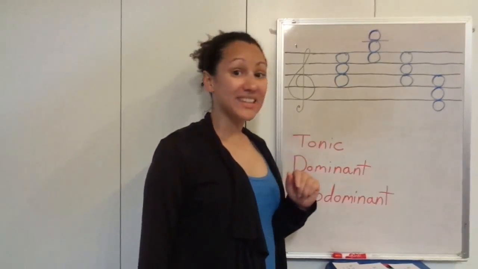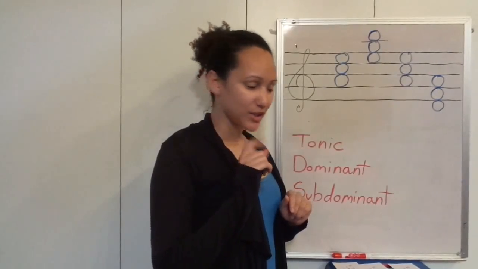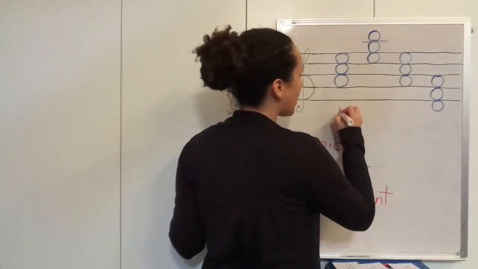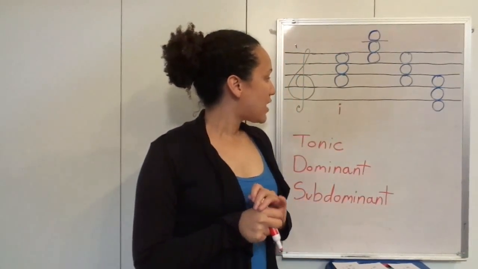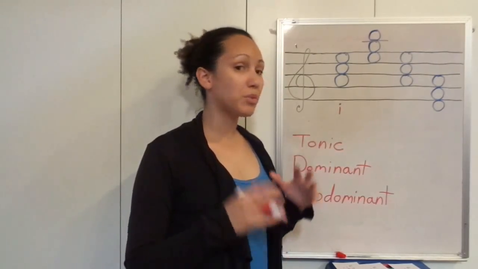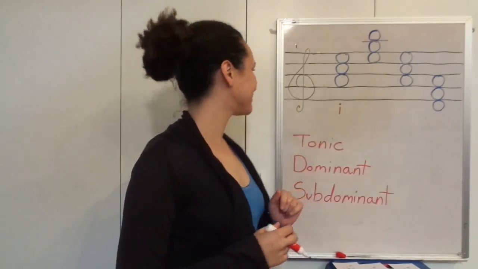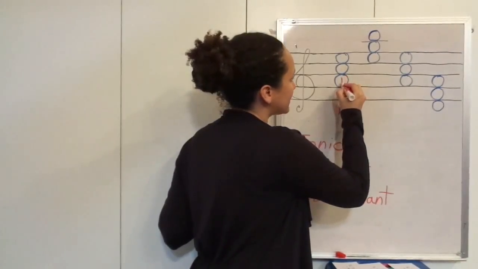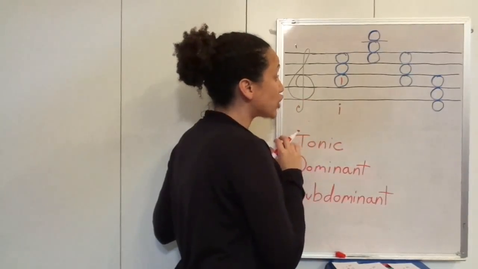Now, in the scale of A minor, A is 1. So we're going to give him a Roman numeral 1, I. Now, it's lowercase for minor. Remember, always when we deal with minor, we want to identify it with a lowercase symbol so that we remember that it's minor. Now, 1 A is what we call tonic.